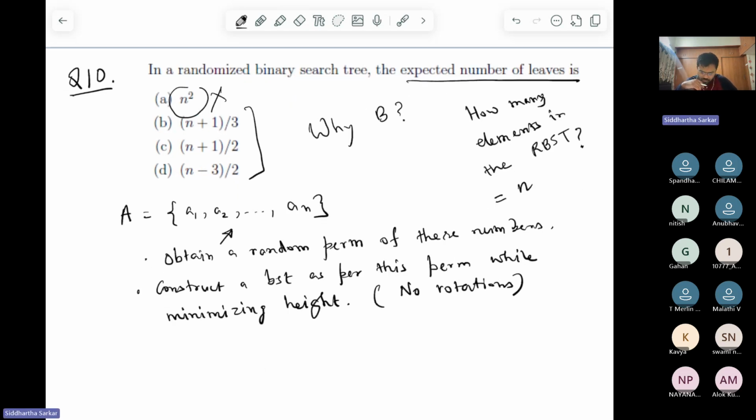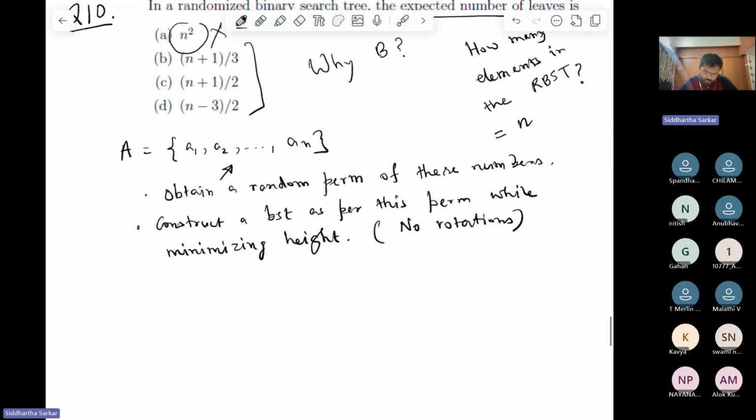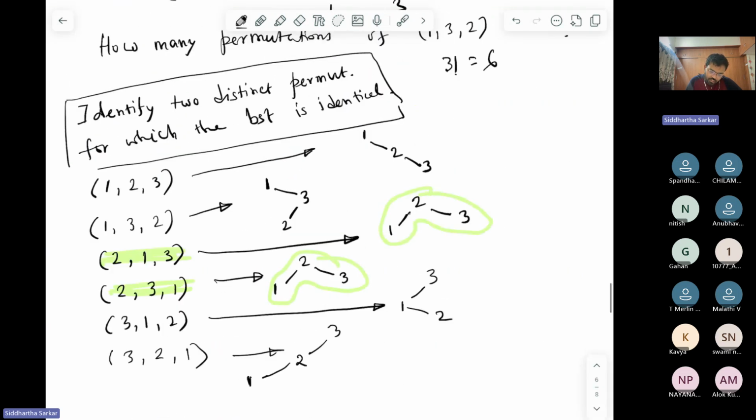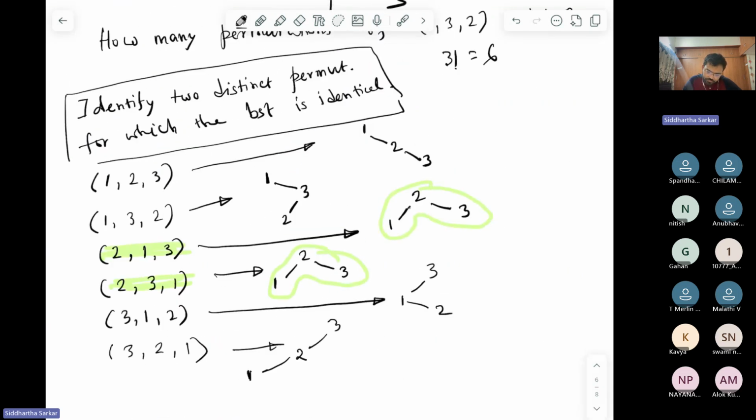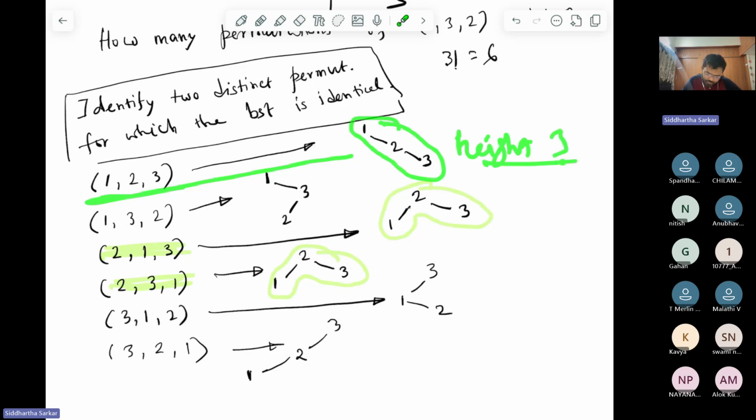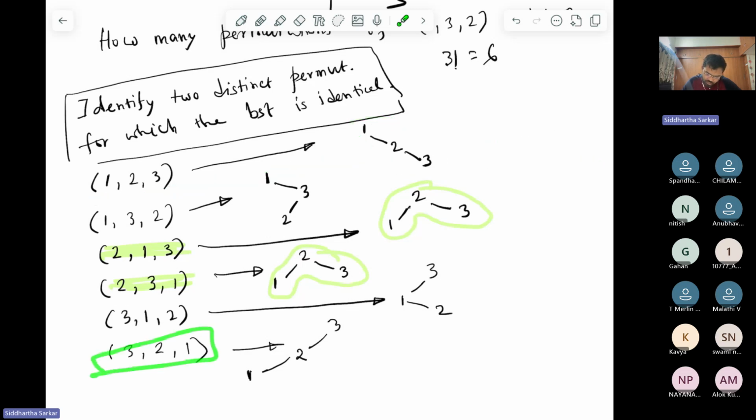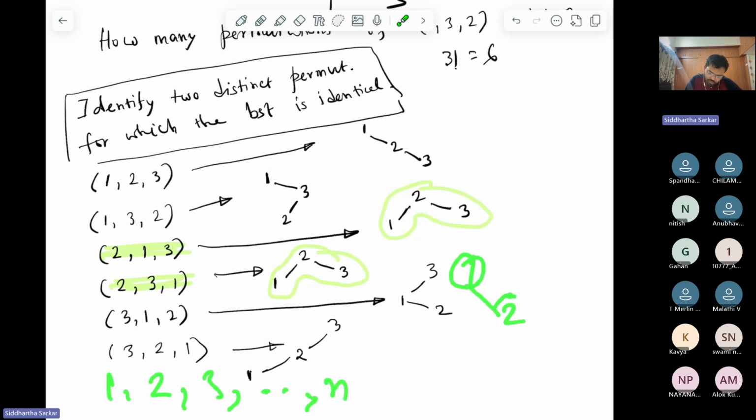In the worst case, for example, if it is very skewed, like if the numbers are all sorted, like 1 2 3, then we get a BST which is very skewed. Height is 3, I mean, number of levels is 3. Sorted in reverse order, again, height is 3. If the numbers are sorted up to n, you will get something like this.